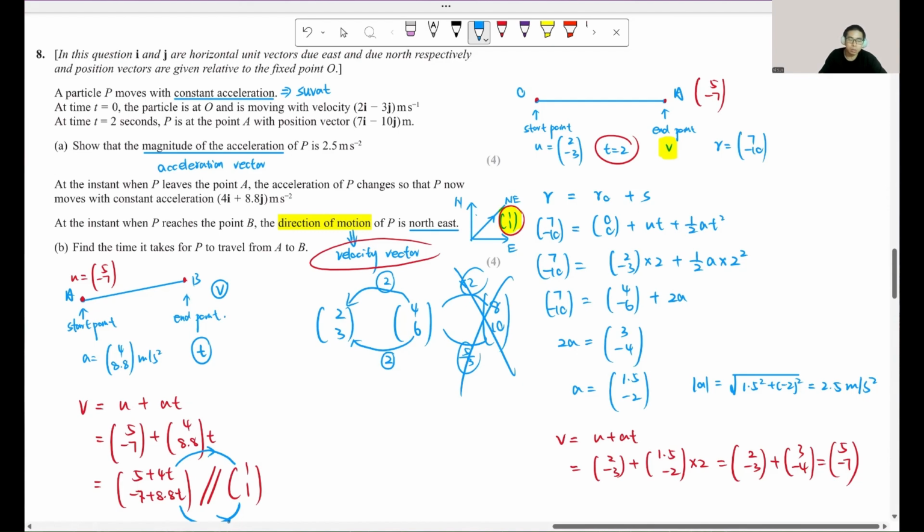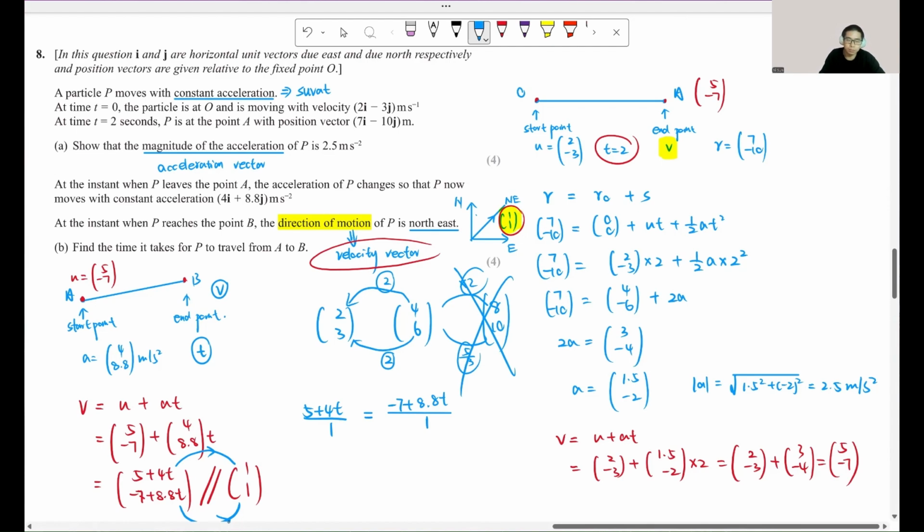Because we know they are parallel to each other, the scale factor for both i component and j component should be exactly the same. So we use that to set up the equation. 5 plus 4t divided by 1 gives us the scale factor for the i component, and -7 plus 8.8t over 1 is the scale factor for the j component. Because those two vectors are parallel, those two scale factors must be equal to each other.